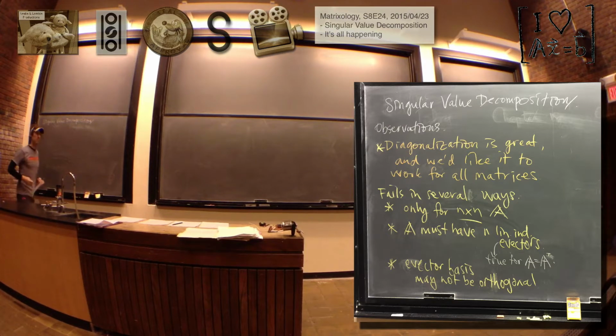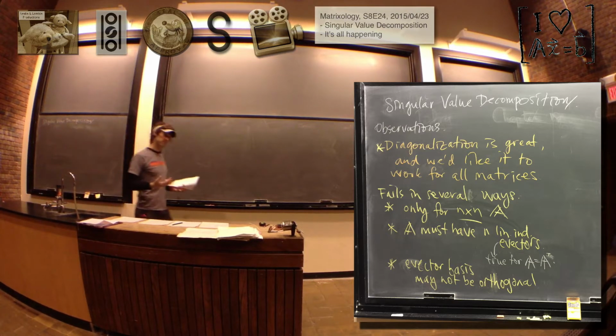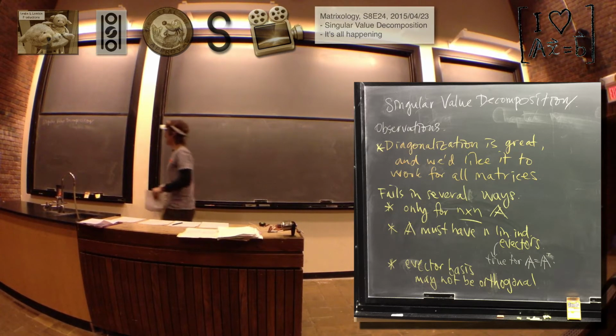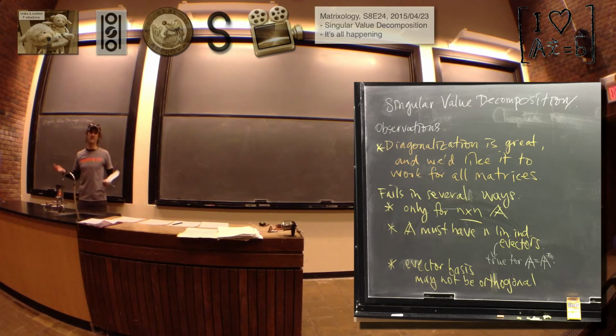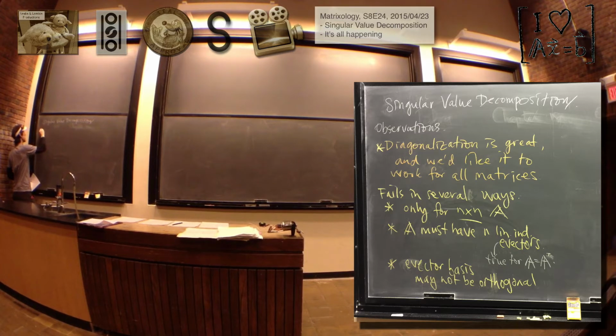All right, so we did all this stuff with diagonalization. It's very beautiful, right? But it fails in a couple of ways. If we could diagonalize all matrices, that would be awesome. It gives us all sorts of good things. So let's make some observations. We desire things.